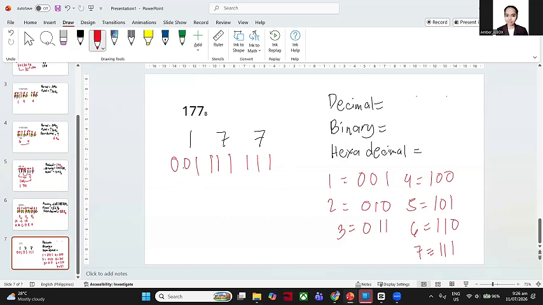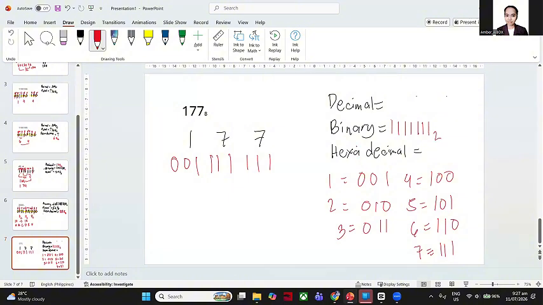Because we have 0, 0, 1 for the 177, we will cancel them because that's the invisible 0. But we will use the rest. So our binary is 1, 1, 1, 1, 1, 1, 1. That's our binary for today.